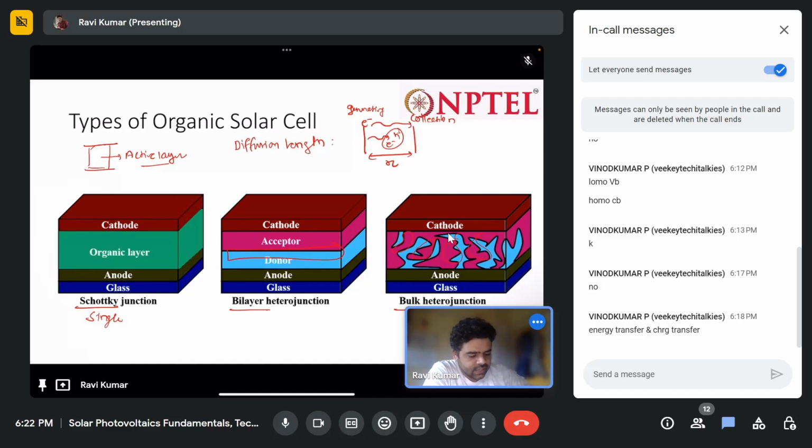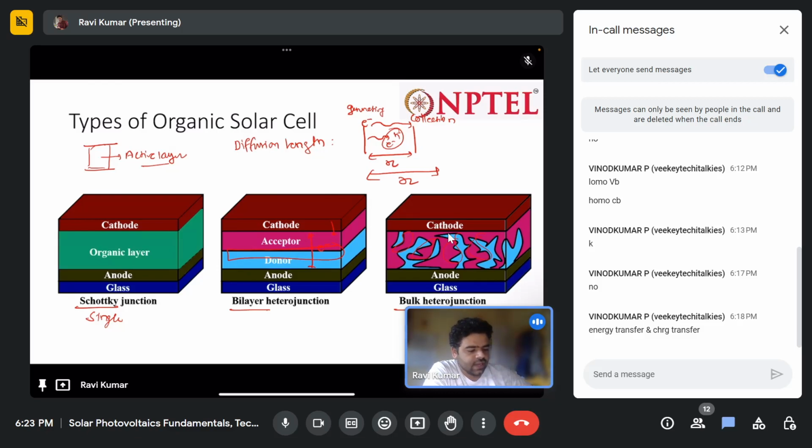In this bilayer organic solar cell, if any charge is generated here, it is collected by the cathode, but the light incident on the surface of the solar cell needs to be absorbed. If we need to absorb more light, then the thickness should be more. And if we increase the thickness, we are increasing this x, so some charge carriers will be lost because of the low diffusion length.